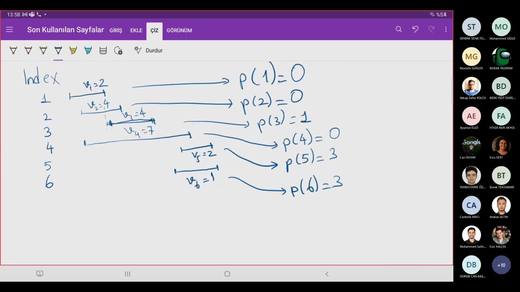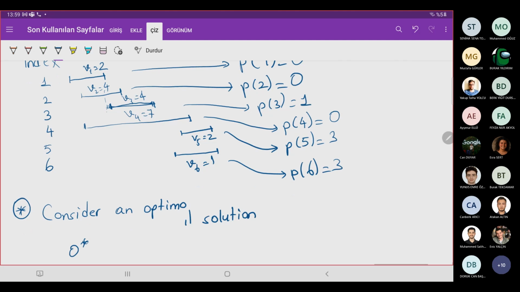Again, as in the previous problems, I'm thinking from the end to the front, in the backwards direction. So consider an optimal solution, and order the intervals in it according to their finishing times.